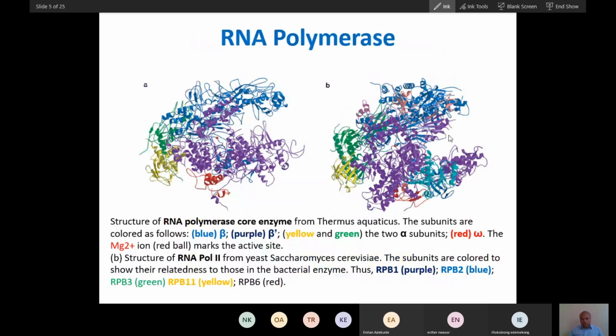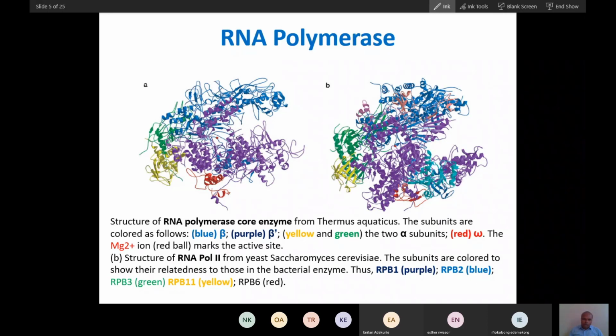So this picture shows that structurally they look similar, both bacterial RNA polymerase and eukaryotic RNA polymerase. But the difference you will see is that eukaryotic has more components in it, but the main enzymatic part of both will be similar.